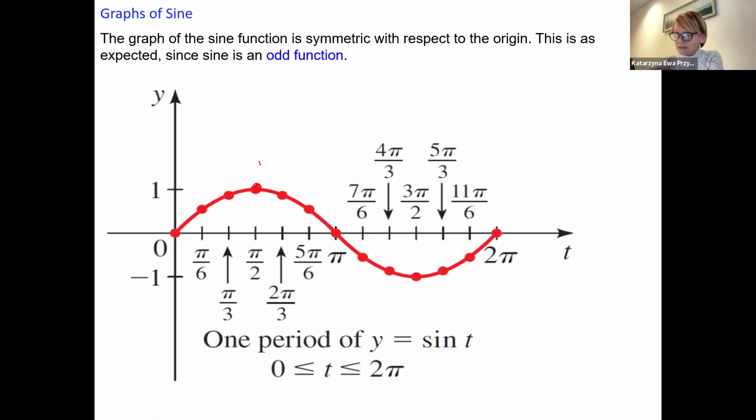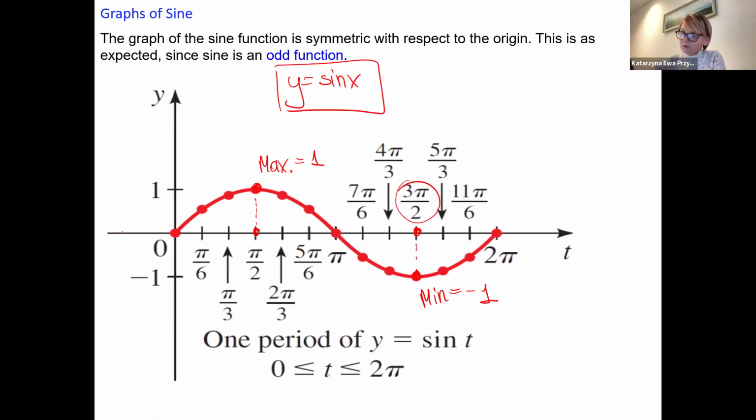The maximum value is 1, and the minimum value is equal to -1. The maximum happens at pi over 2, and the minimum happens at 3 pi over 2. And we do have 0 as a midline.